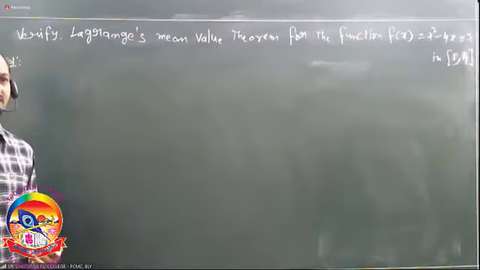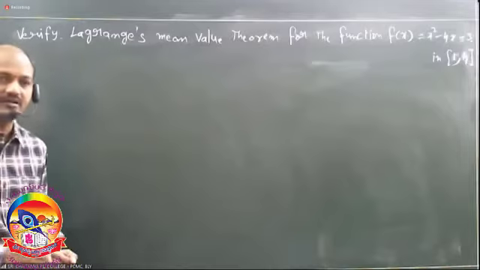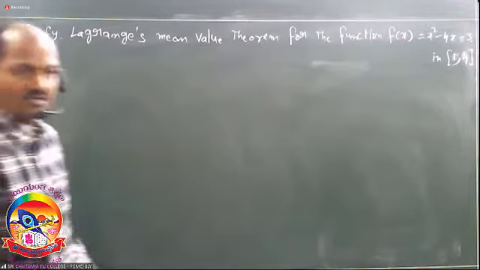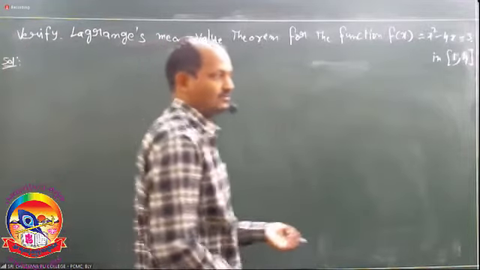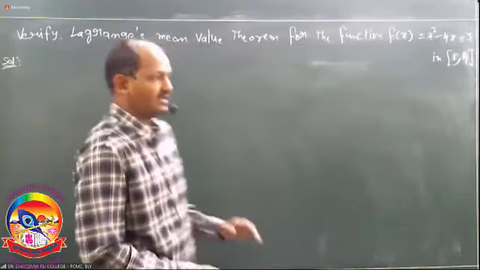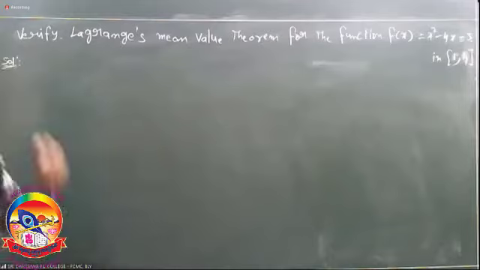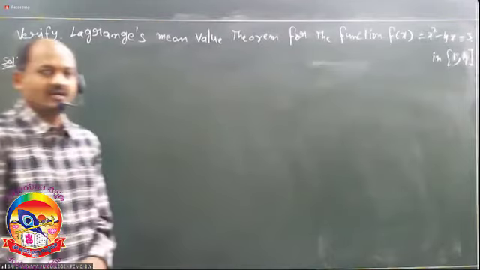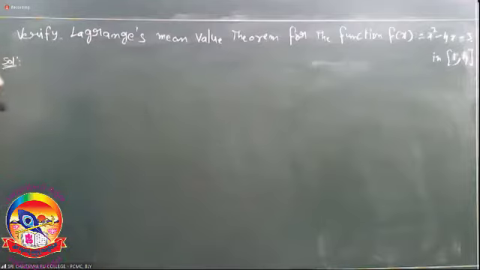How to find the C value? f dash of C is equal to f of b minus f of a divided by b minus a. In Rolle's theorem, how to find the C value? f dash of C is equal to 0. Here, in Lagrange's mean value theorem, f dash of C is equal to f of b minus f of a divided by b minus a.